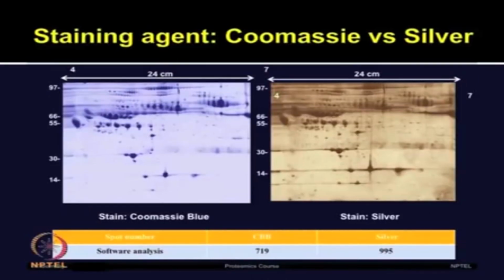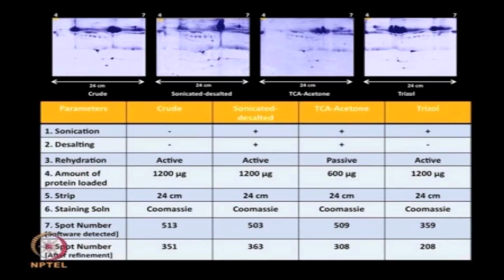We standardized the same conditions for all the gels. This slide gives you an overview of various types of parameters which we investigated from different types of treatments: crude serum, sonicated and desalted, TCA acetone precipitated and Trizol extraction methods.